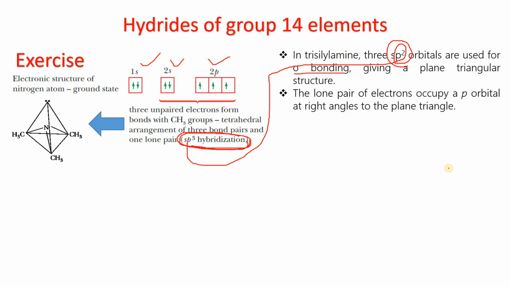The lone pair of electrons occupies a p orbital at a right angle to the triangular plane. So in the case of trisilylamine, we are getting sp2 hybridization.